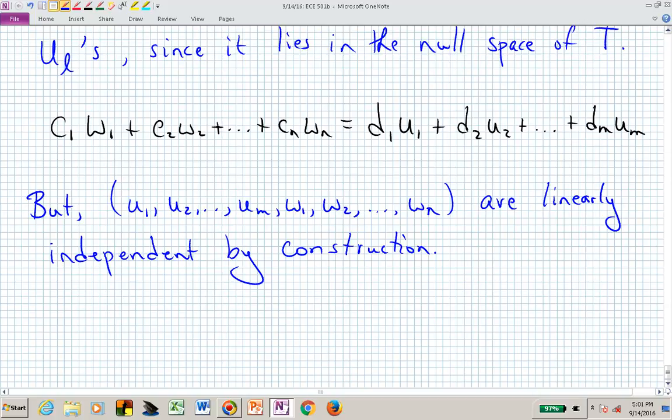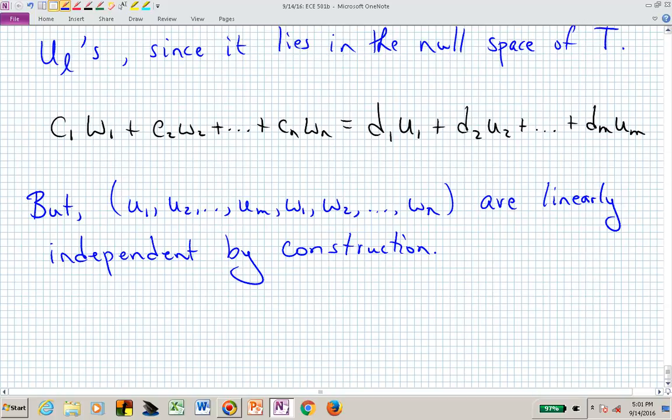Now, if we have a linear combination of W's and U's, do you see that I could put either of those sets on one side or the other of that equality? If I subtracted all my DU's, I would end up with a zero vector on the right-hand side, and this linear combination of W's and U's on the left equaling the zero vector. If I have a linear combination of linearly independent vectors equal to zero, what do I know about the weights, the coefficients, or the scalars?